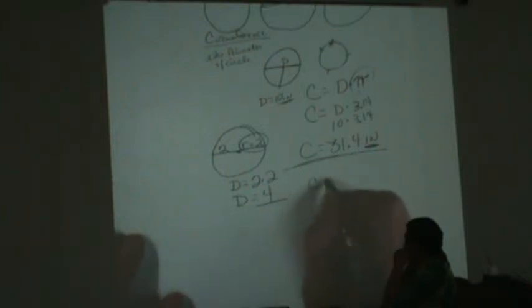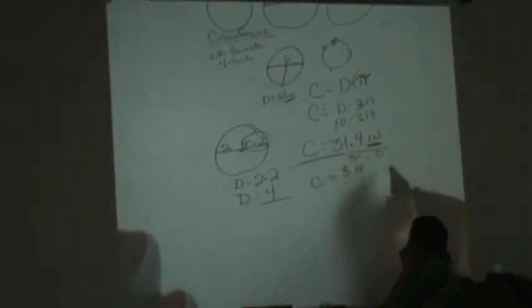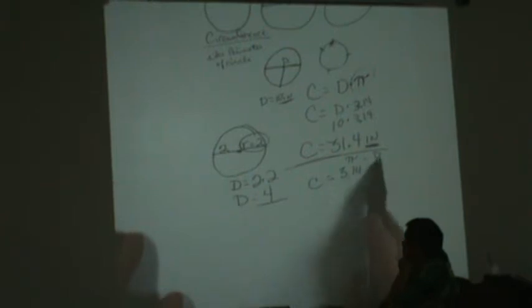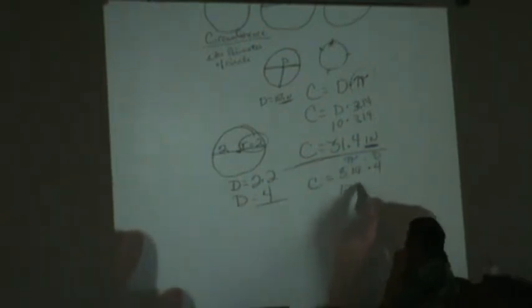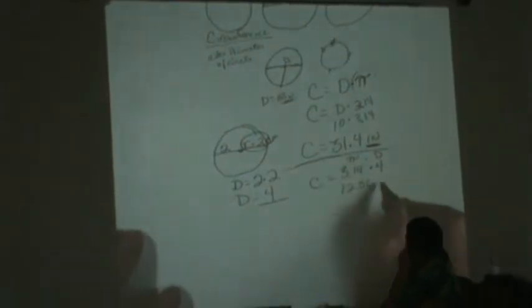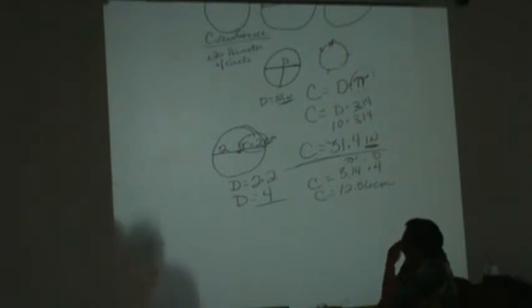So the circumference would be 3.14, or pi, times the diameter, which is 4. You can put these in any order. So that would be 12.56. And I didn't have a unit here. Let's make up a unit, centimeters. So that would be that many centimeters. Okay? So if you double the radius, you get the diameter. You see how far it is across.